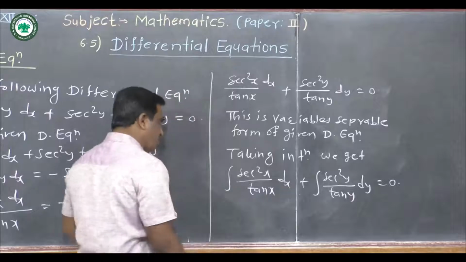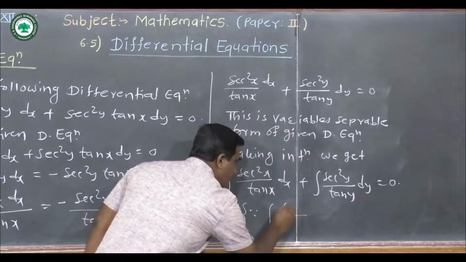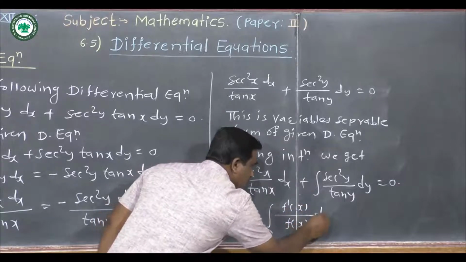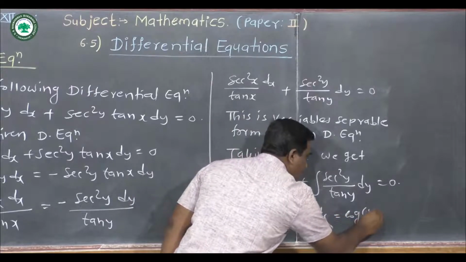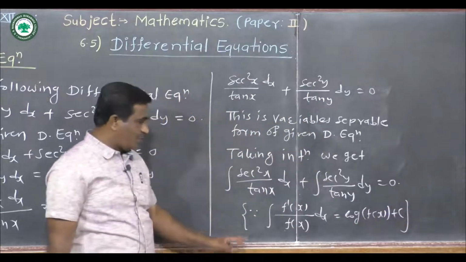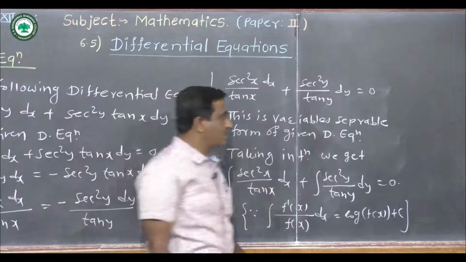Therefore we can use here the corollary, since the integral of f dash of x upon f of x dx is equal to log of f of x plus c. This is the formula. Using this formula we can write the integration of these two integrals.